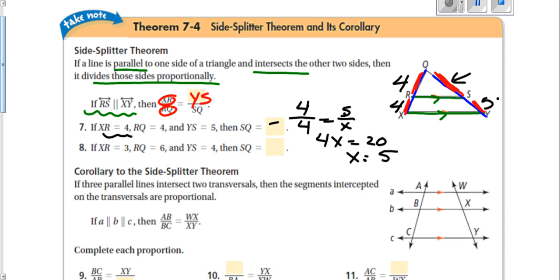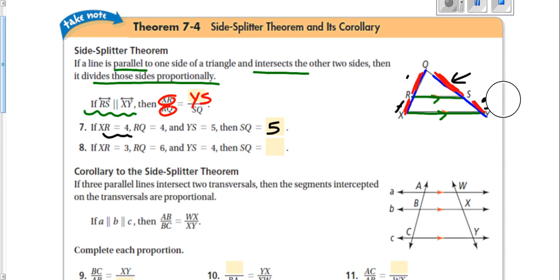Okay, so now what it's saying is I can take the parts of the sides, assuming I'm talking parallel lines in here. Let's re-mark our diagram for the next one. Okay, so if XR is 3, so if this part is 3, the little guy, and RQ is 6, YS is 4, we need to find this one. I'm going to put a Y this time.